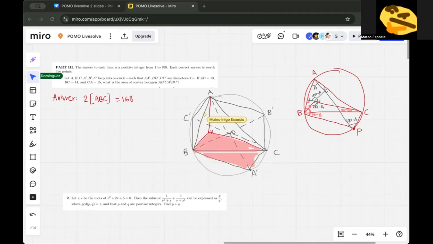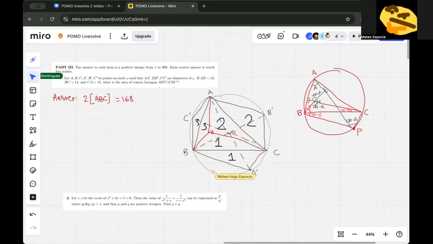Next, these two triangles here also have the same area. Finally, these two triangles here have the same area. I'll label these one, one, two, two, three, three.